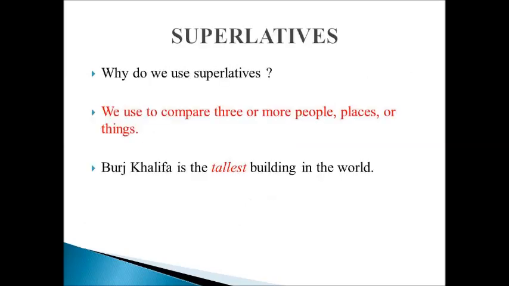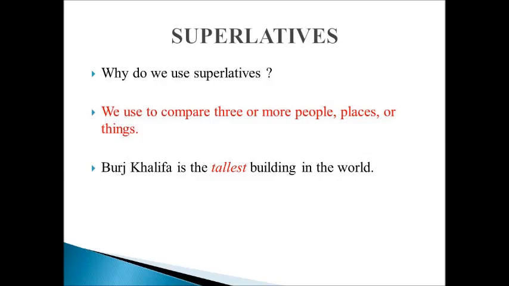Then next we have superlatives. How do we know what superlatives are and why do we use them? This is the main question. Students usually ask what the reasons are to use superlatives. You can tell your students that we use superlatives to compare three or more people, places, or things.